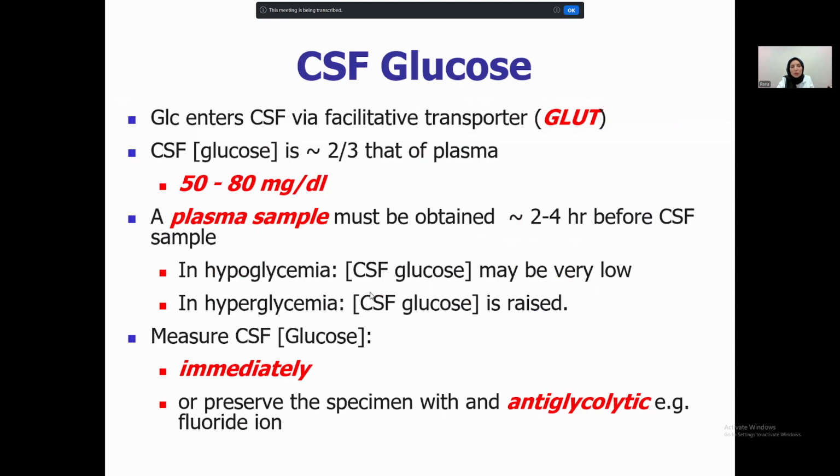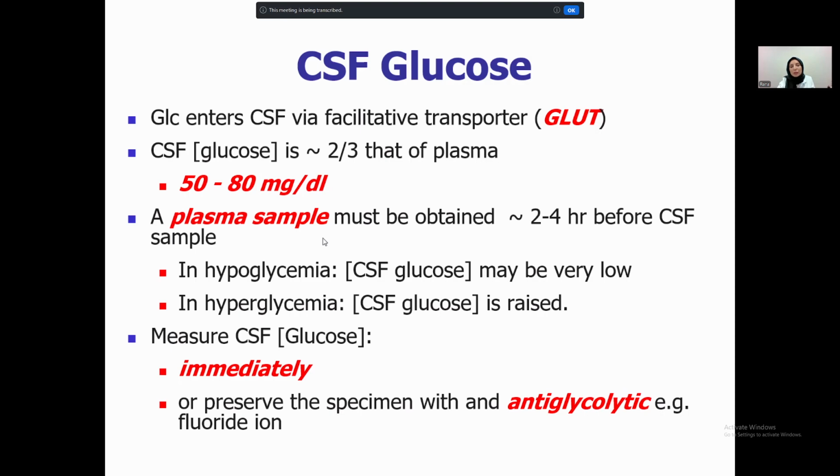Glucose usually enters the CSF via facilitated transport through the glucose transporter. The CSF glucose concentration is about 2/3 of the blood glucose, so it will be less than the blood glucose concentration, between 50 and 80 milligram per deciliter.